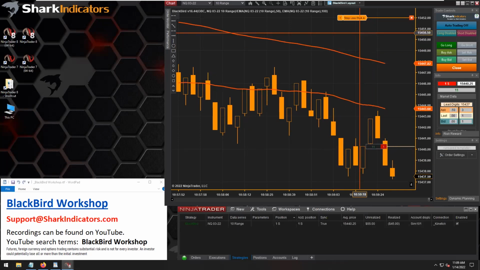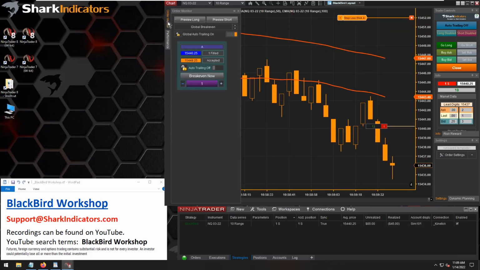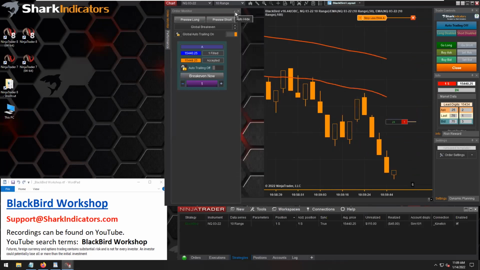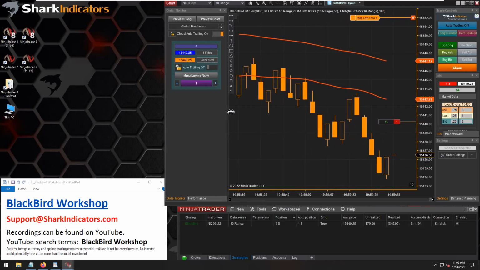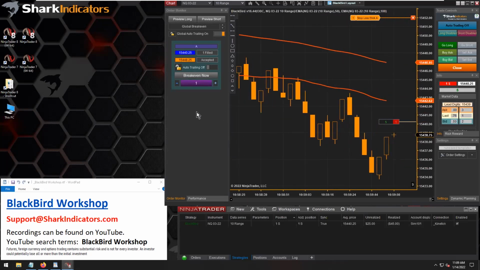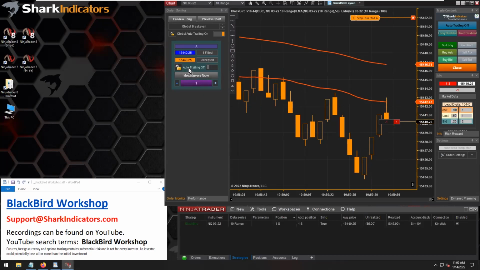And then if you want your trailing rules to activate again, then that's part of what the order monitor panel can do for you. Okay. Let's open that up. And right here we can see that the auto trailing has been turned off, right?